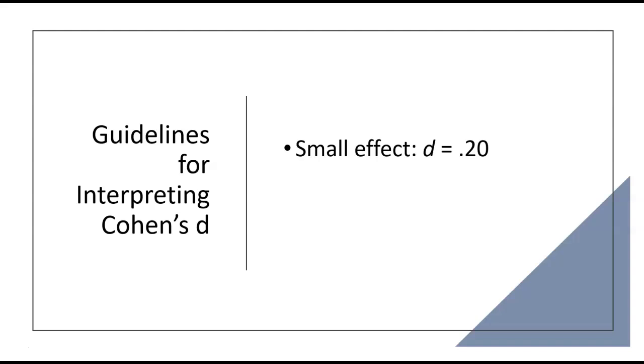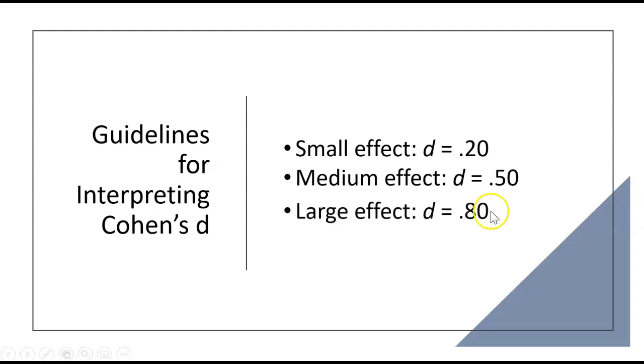But generally speaking, a Cohen's d of 0.2 is considered a small effect. And the way you should think of this is that 0.2 is kind of in the middle of a group of potential Ds. A medium effect, to declare something medium, you have to get a base of 0.5, and then a large effect is considered the lowest level. That would be a 0.8 for a large effect.